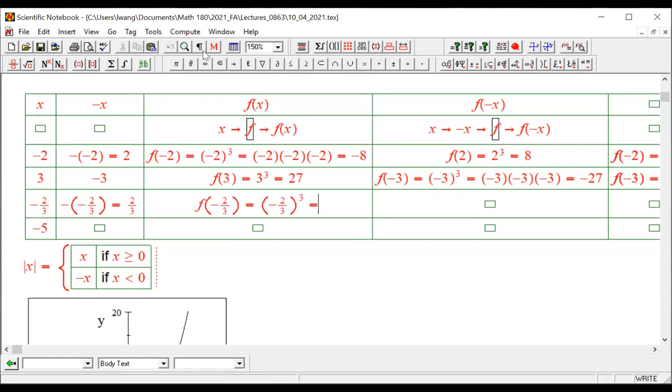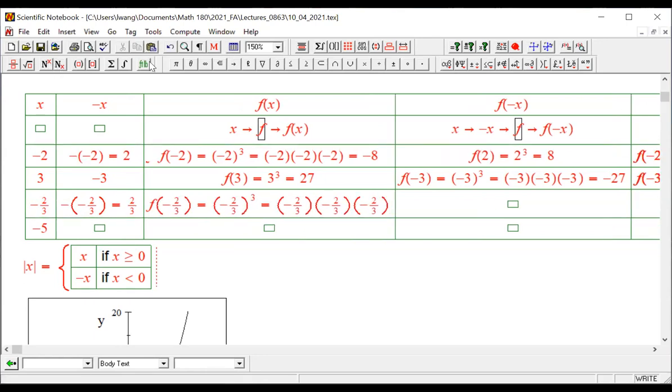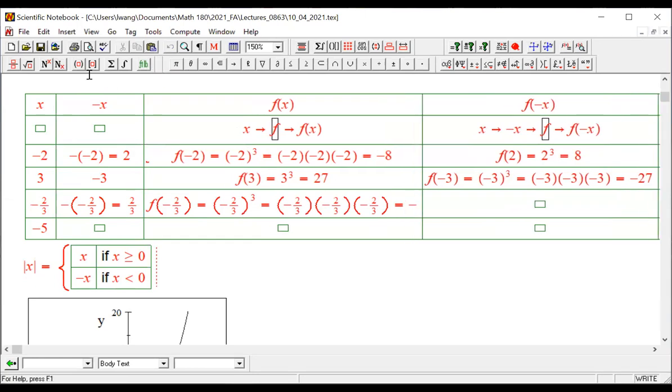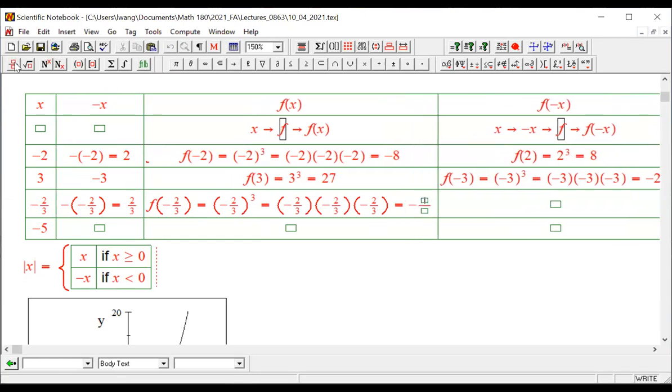And that's going to be negative 8/27. Okay. And f of 2/3 is going to equal positive 8/27.